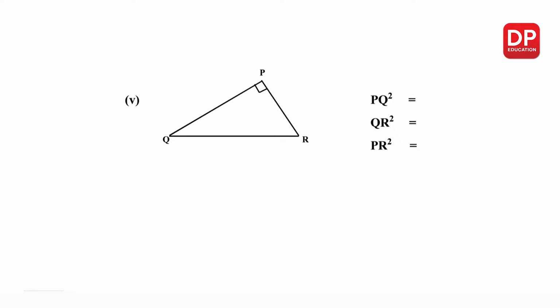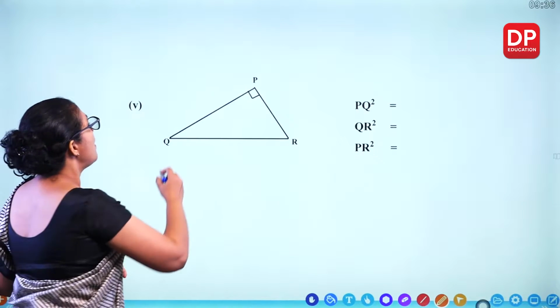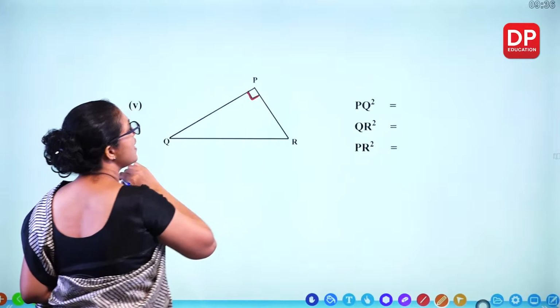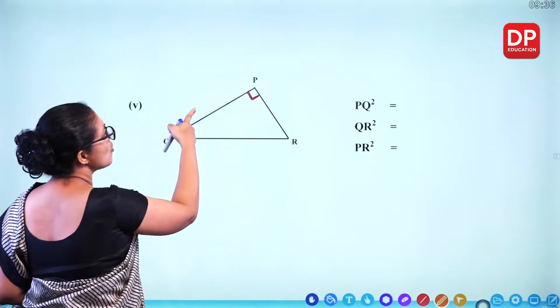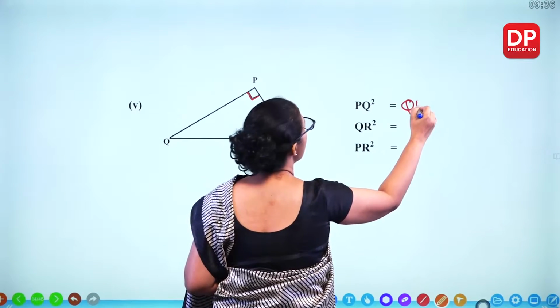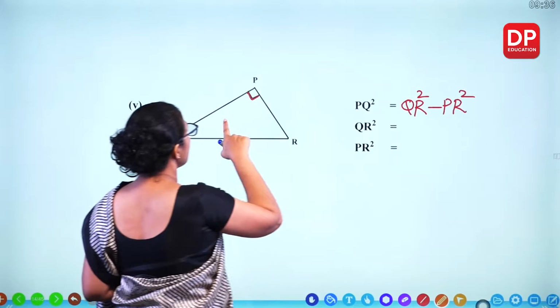This one again, right angle triangle. PQ squared. PQ is just a side attached to the 90 degrees, not the hypotenuse. So how can you write PQ squared? QR squared minus PR squared. How do you find QR?